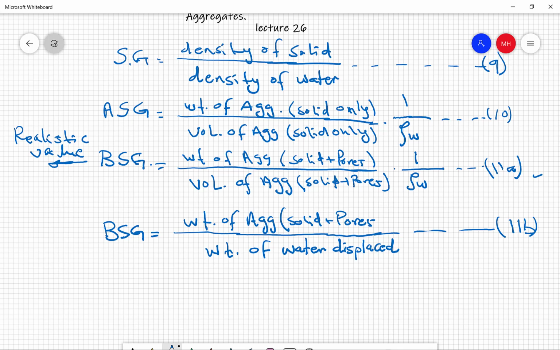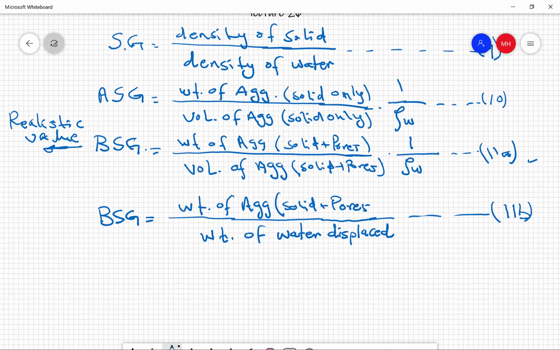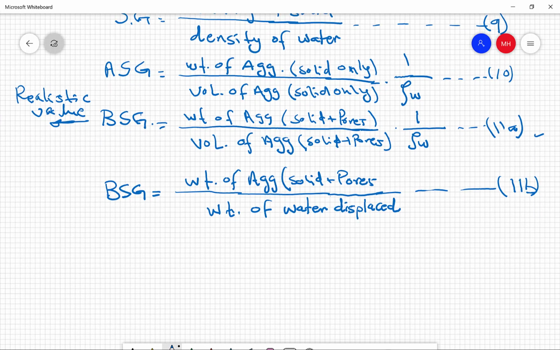Based on the definition of the different specific gravities we just mentioned, I'm going to reintroduce equation number 12 we mentioned in the class. We have the apparent specific gravity, and we have the bulk specific gravity based on OD, which is the oven dry weight, and the bulk specific gravity on the saturated surface dry condition.